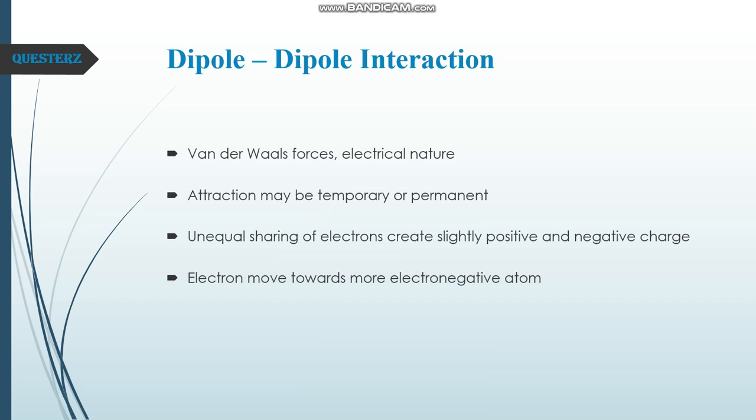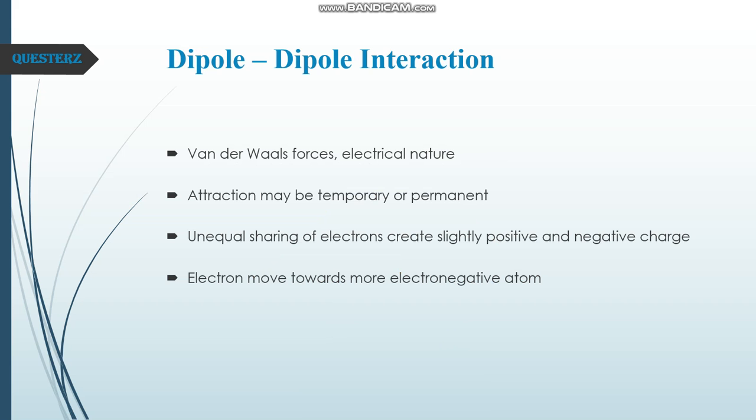So what is electronegativity? It is the ability to attract the shared pair of electrons towards itself in a molecule. The atom which attracts the shared electrons more will have a partial negative charge or slightly negative charge, while the one that attracts the shared pair of electrons less will have a slightly positive or partial positive charge.